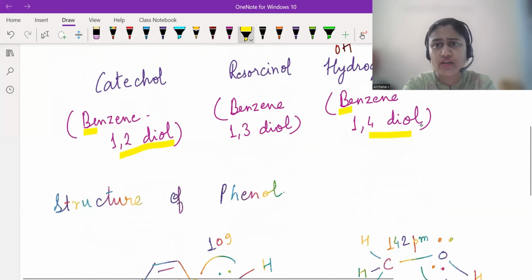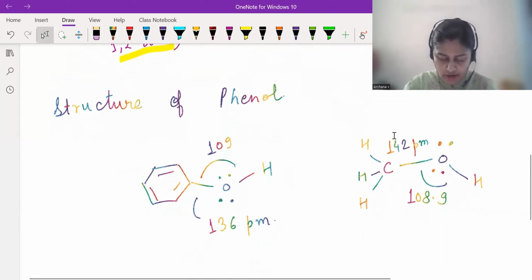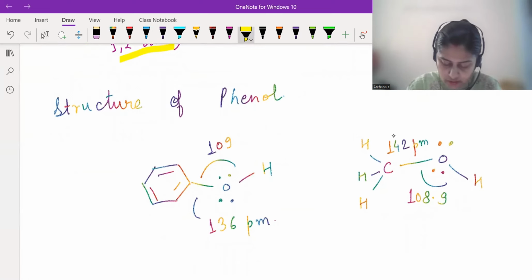Let's move on to the structure of benzene hydroxy derivative, that is phenol. Phenol, as we can see, has a benzene ring and it has a carbon atom to which OH group is attached.